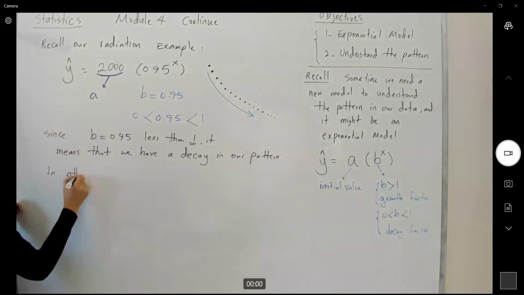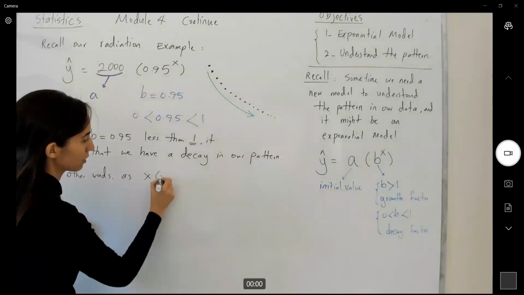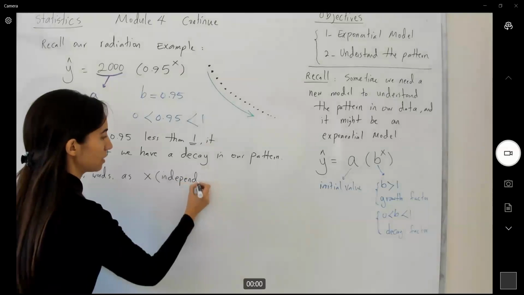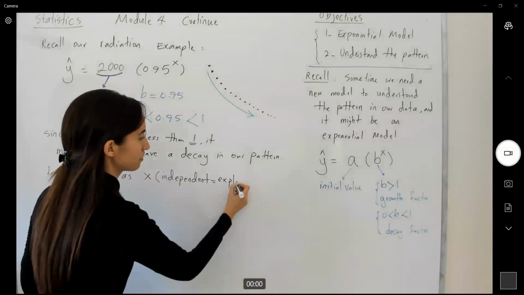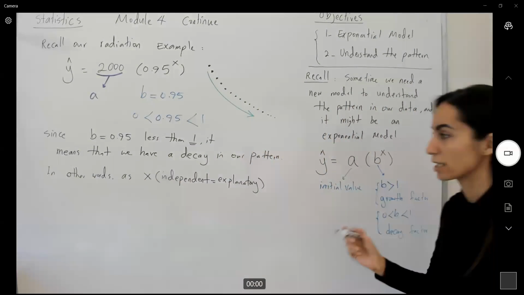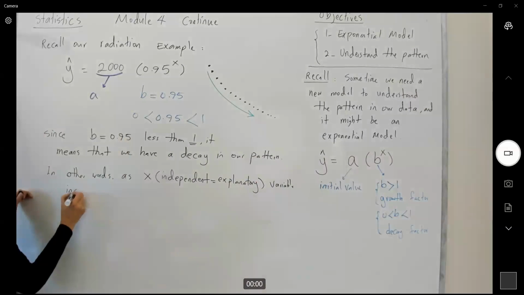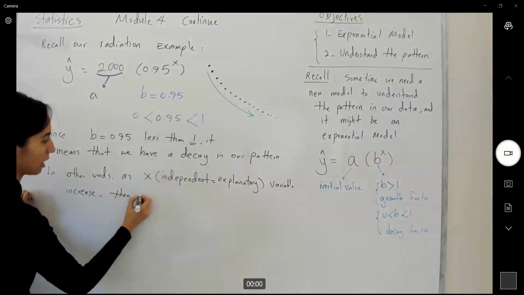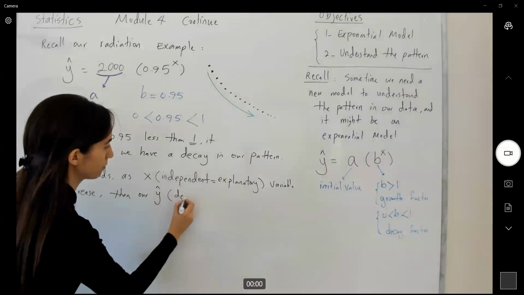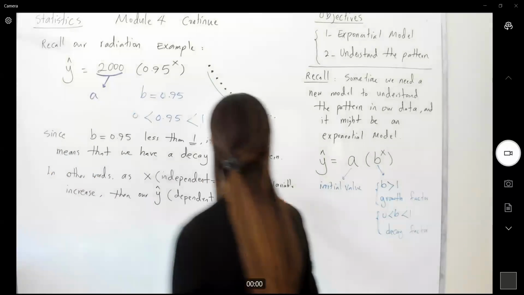In other words, as x, the independent or explanatory variable, increases, then our y, or y hat in this case, the predicted amount, the dependent or response variable, decreases.